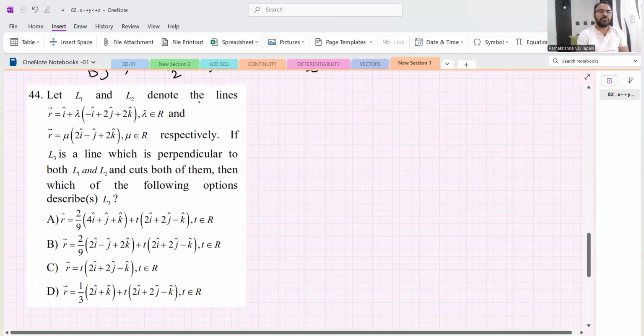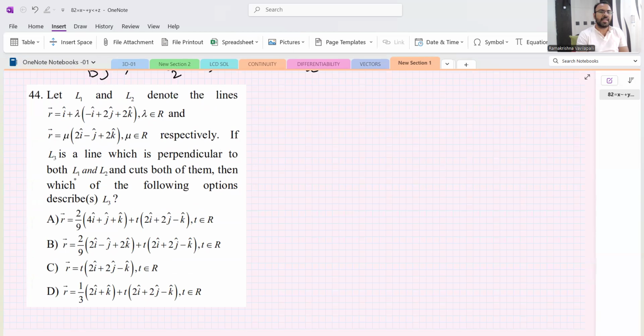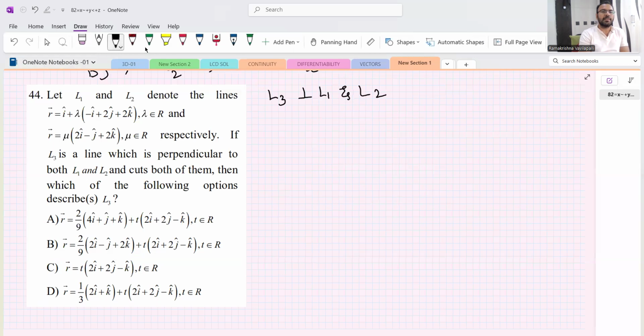Let L1 and L2 denote the lines respectively. If L3 is a line which is perpendicular to both L1 and L2, okay? So L3 is perpendicular to L1 and L2. Well, assume that the first line is parallel to D1 bar vector, the second line is parallel to D2 bar vector.